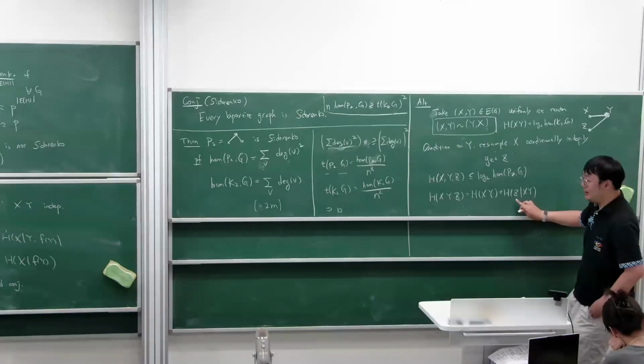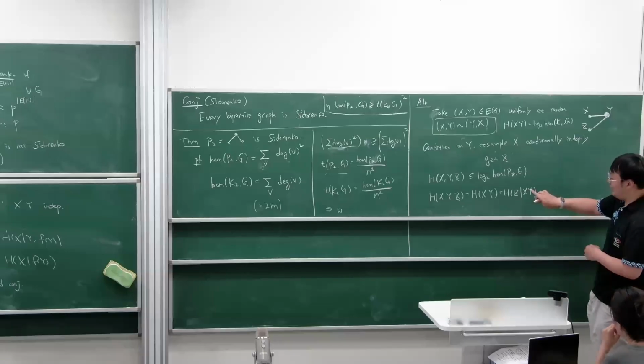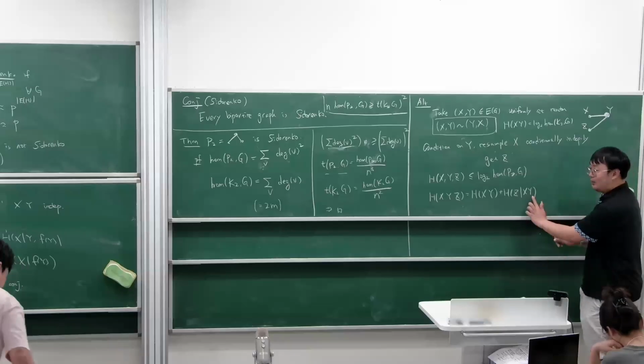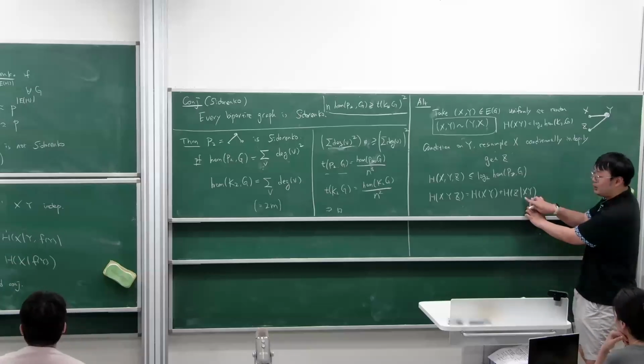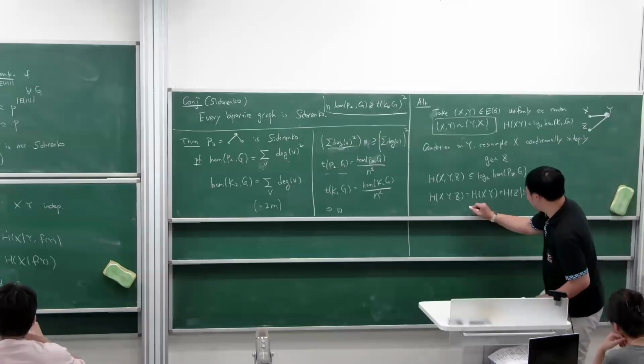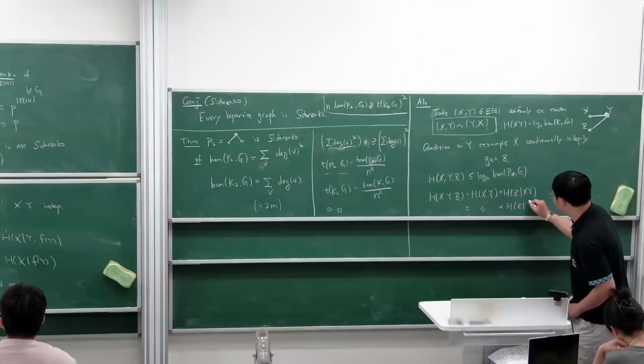But remember the way we sample z, we condition on y, sample an independent copy of x. So once we conditioned on y, there's nothing to do with x, right? So this is the same as h of z condition y.